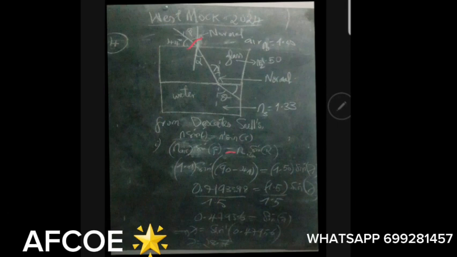It is moving from air to glass, so it should be glass. So we have 1.00 sine of 90 minus 44 equals 1.5 sine of alpha, where alpha equals lambda.